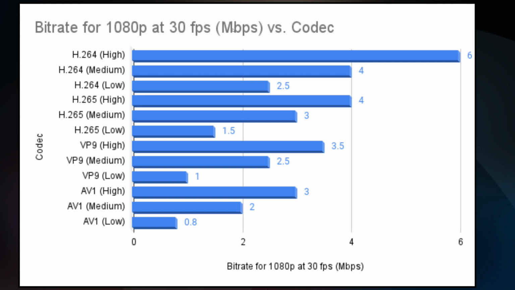Now, one of the things you'll notice is that the bit rate will change based on the efficiency of the encoding, so the codec you're using. You can see here as we transition from H.264 to H.265 to VP9 to AV1, we're getting higher quality video at lower bit rates, allowing us to do more with our limited internet connections.